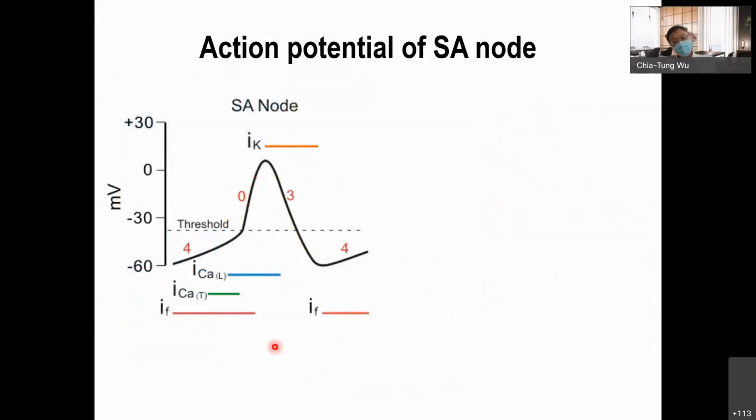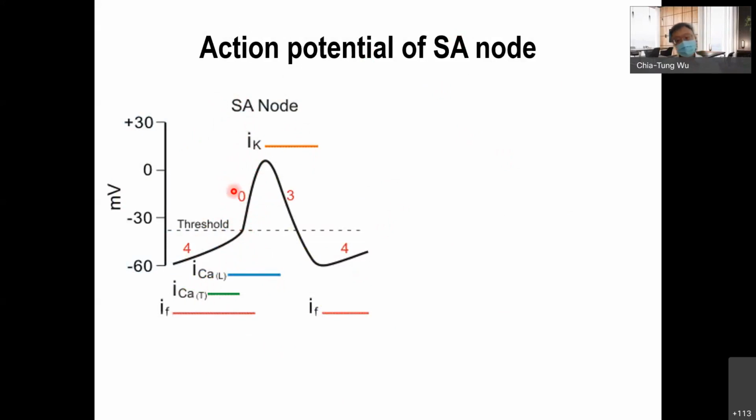And why does our SA node generate an impulse? This is the action potential of our SA node. It's different from the action potential of other myocytes, right? Which part is different? There's no sodium channel at phase 0. You can see that there's no sodium current.